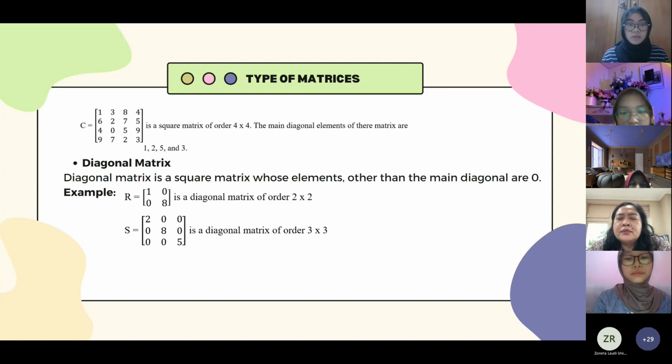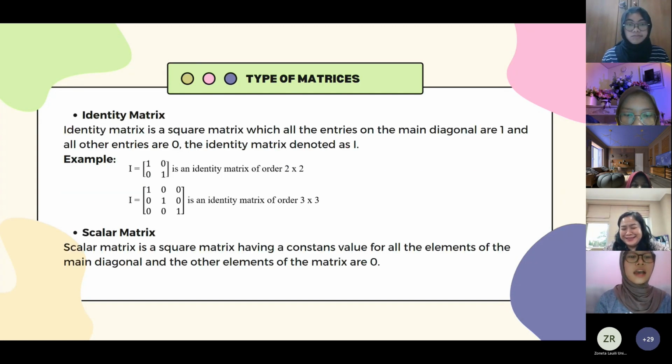You can see the elements other than the main diagonal are 0. This matrix is named a diagonal matrix. Next, the identity matrix.